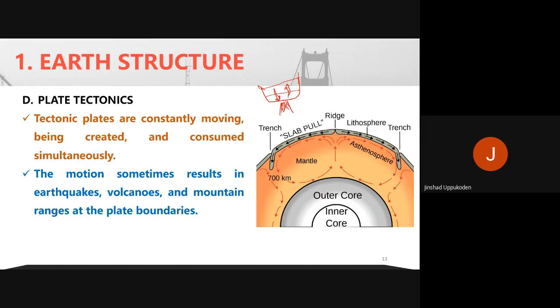The outer core part, the topmost areas, are extremely high in temperature. 2500 degrees Celsius is the temperature in the core. As you come to the top, the temperature is lesser. So what happens due to the difference in temperature from top to bottom?